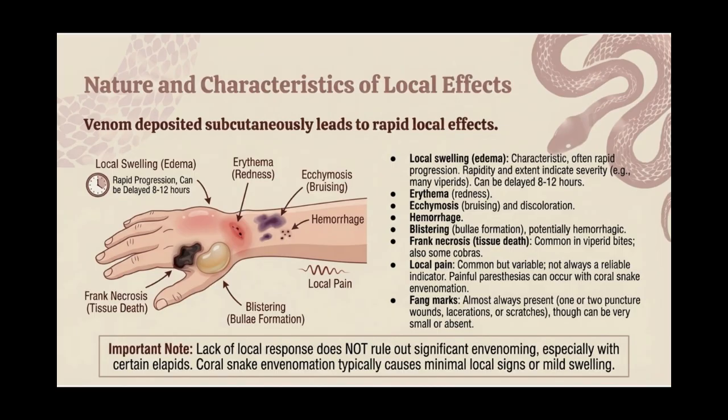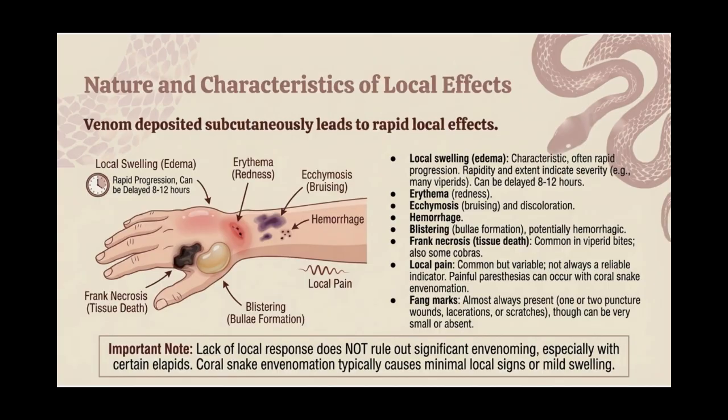These marks usually appear as 1 or 2 puncture wounds, small lacerations, or scratches. However, they can sometimes be very small or absent entirely, especially in cases involving colubrids and smaller elapids. In many patients, it may be possible to observe a small drop of blood at the bite site. Despite this, the absence of a local reaction should never be automatically interpreted as a trivial bite.